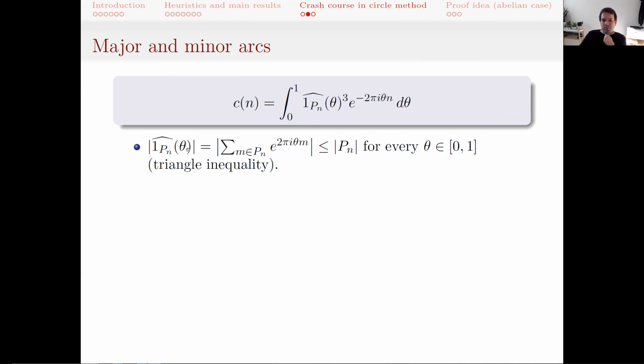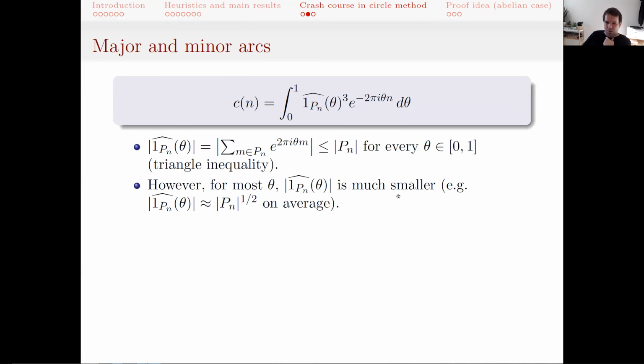But usually, the size of this Fourier coefficient would be much smaller than this upper bound. Usually it will be about the square root of this maximum. However, there are certainly some thetas for which the size of the Fourier coefficient is pretty large.